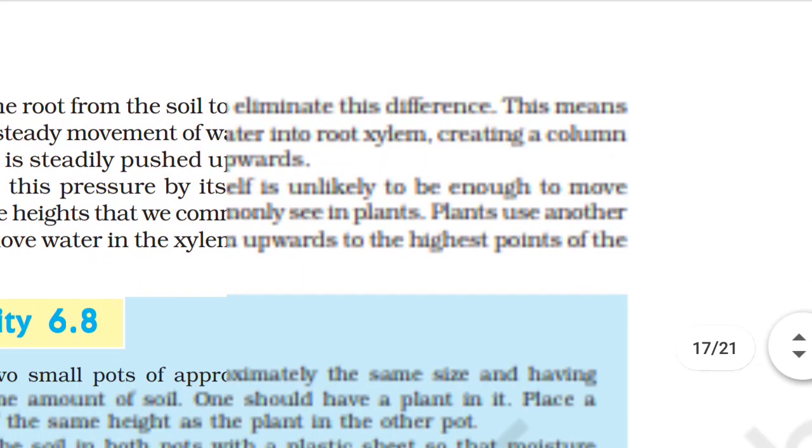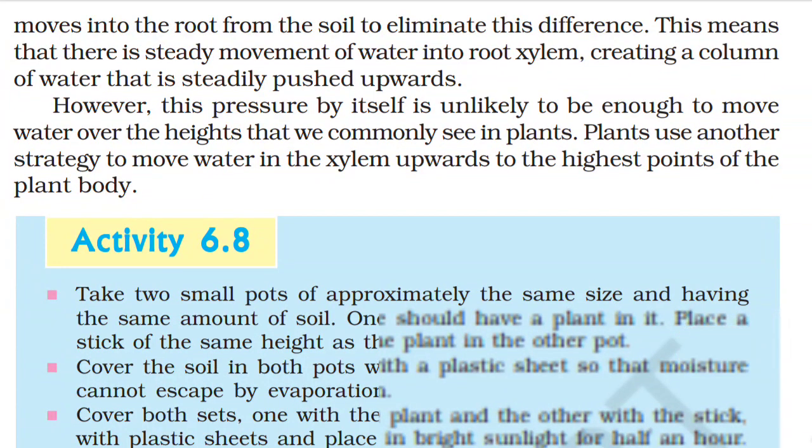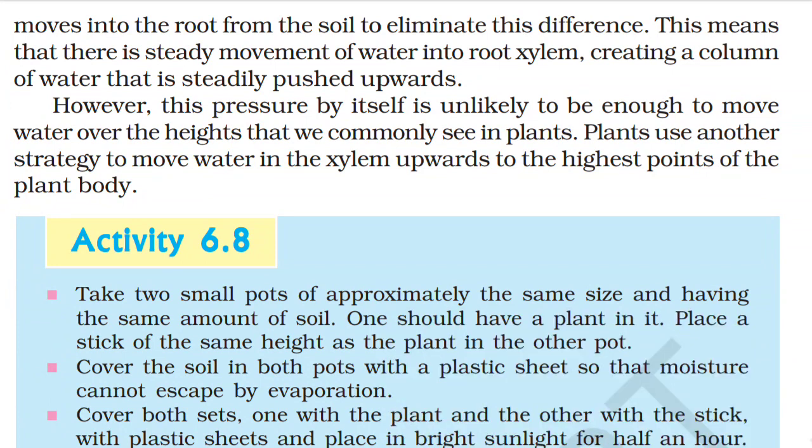Water, therefore, moves into the root from the soil to eliminate this difference. This means that there is a steady movement of water into the root xylem, creating a column of water that is steadily pushed upwards. This process is also known as the cohesion, adhesion, tension theory, and also known as the transpiration pull theory.